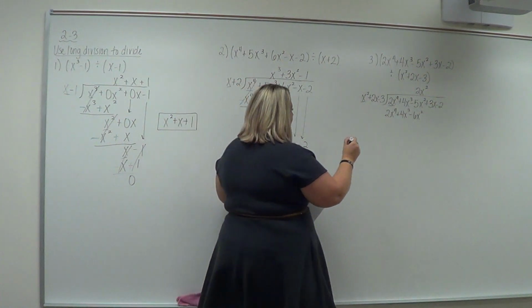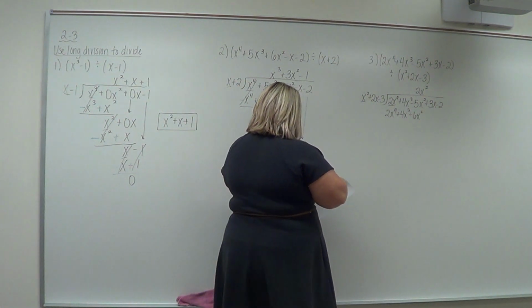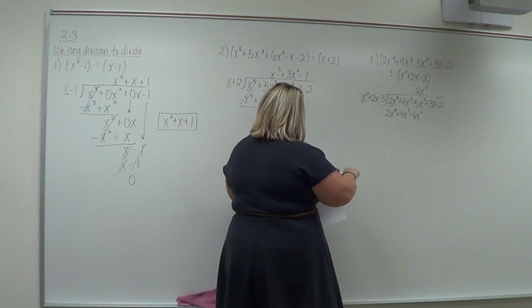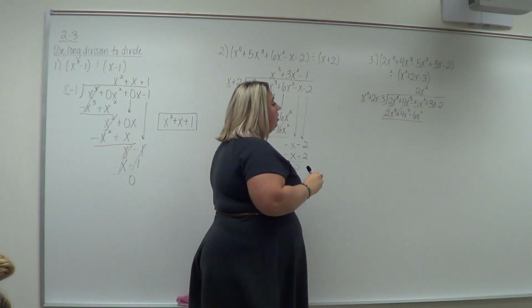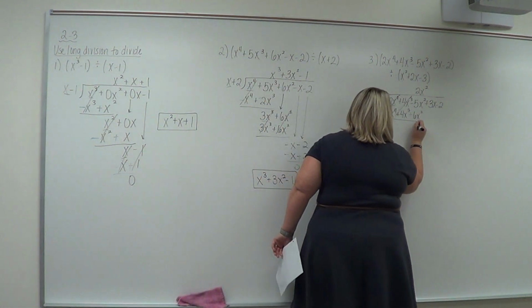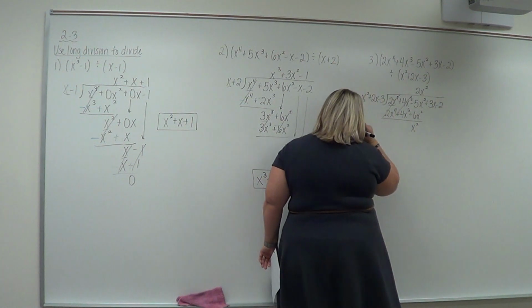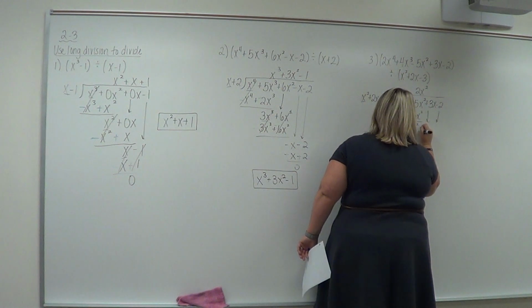Okay, so now I'm going to subtract. How many things cancel when you subtract? 2. The first two both cancel. So I'll have to remember to make sure we bring down 2 things. And then I have negative 5x squared plus 6x squared, which is 1x squared. And since 2 canceled, that means we have to bring down both of these.